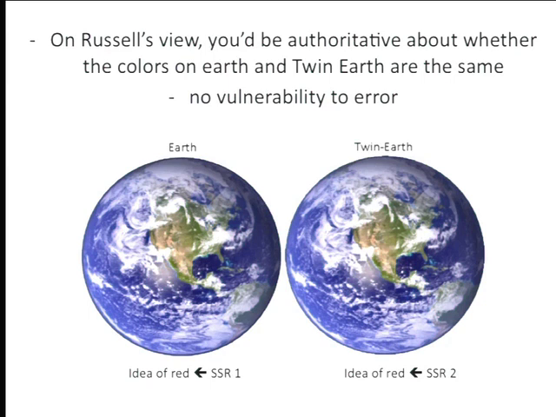So then, over in twin Earth, if you're swapped to twin Earth, when you look at the colours of the objects around you, then just by looking at them, you have perfect comprehensive knowledge of which colours these are. So of course you can tell authoritatively whether they're the same. You're authoritative about whether there's such a thing as red, and you know when you're getting the same colour again. You're not vulnerable to error on this kind of picture.